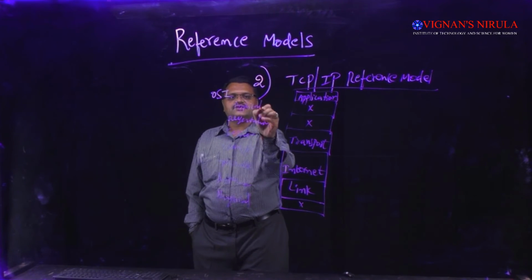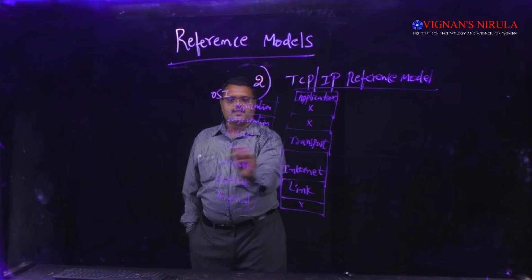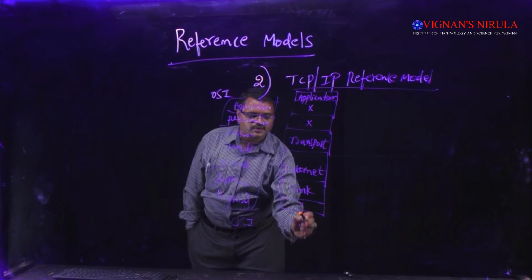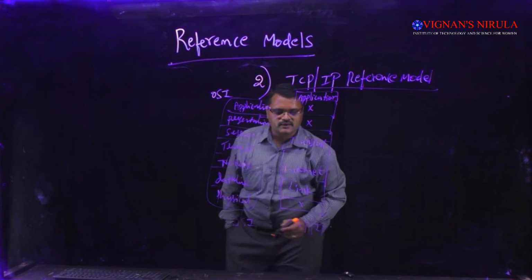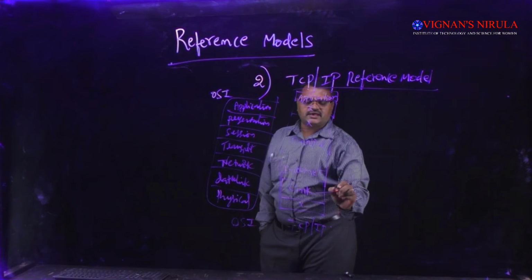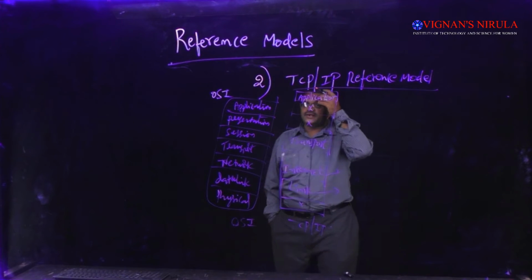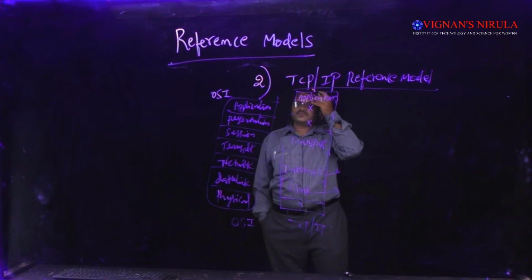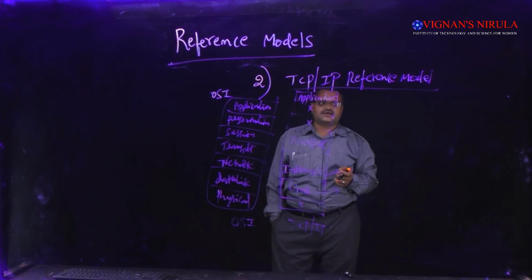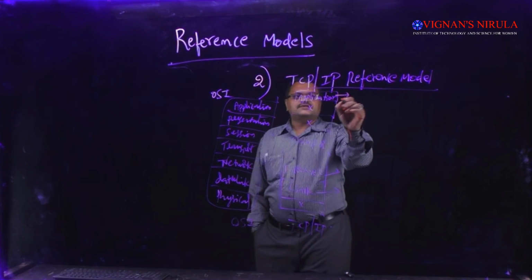So this is OSI and this is TCP/IP. The link layer means the data link layer. The internet layer is equivalent to the network layer functionality in OSI, and the transport layer's purpose is the same as in the OSI layer, that is end-to-end transmission. And finally the application layer.